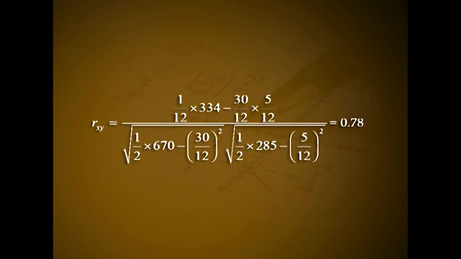Hence, r_xy equal to 1 by 12 into 334 minus 30 divided by 12 into 5 divided by 12 divided by the square root of 1 by 12 into 670 minus (30 by 12) the square into square root of 1 by 12 into 285 minus (5 by 12) the square, that is equal to 0.78.